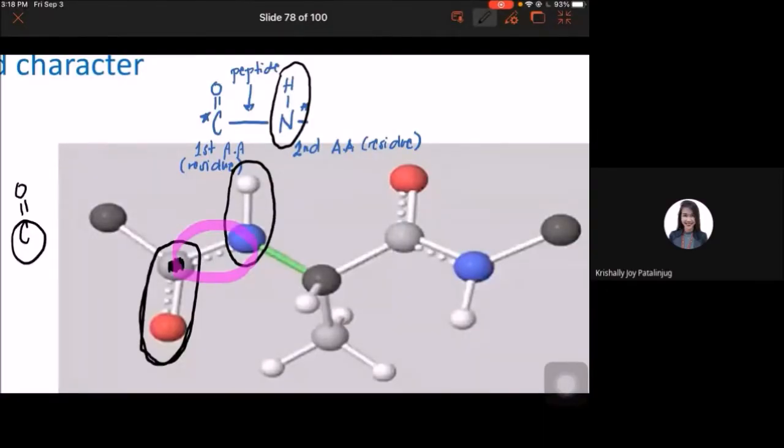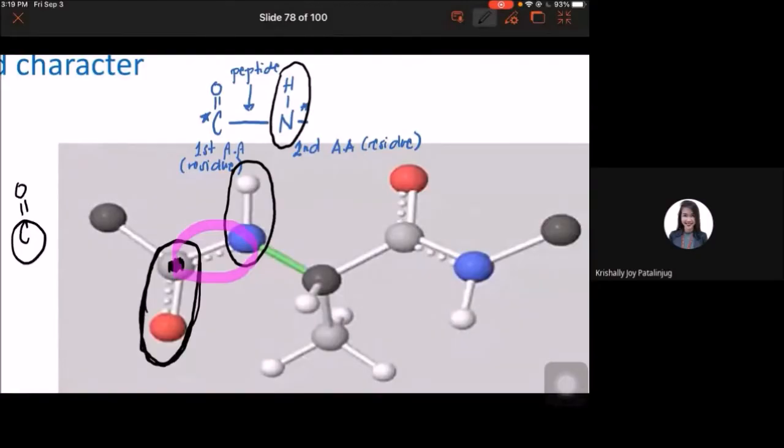So any polypeptide chain, any peptide chain or peptide molecules, the peptide bond there, the amide bond, does not rotate. It does not rotate. This means the parts near the peptide bond, the group of atoms held by the peptide bond, do not rotate in general.